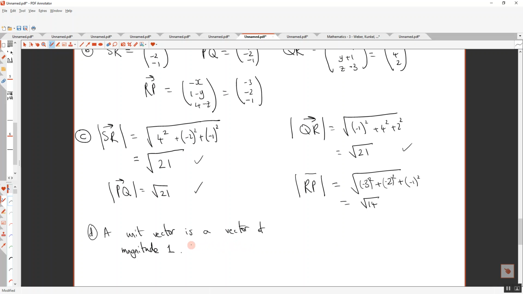Okay, and to find a unit vector, you divide the components of the vector by the magnitude.